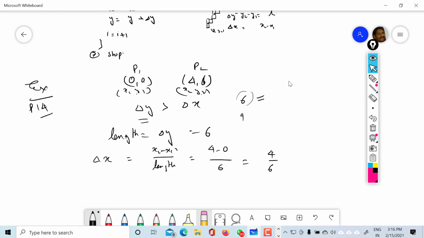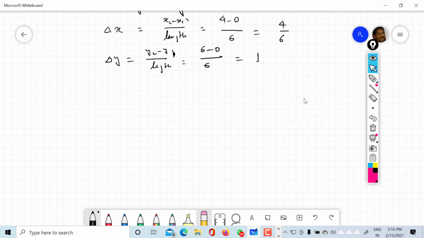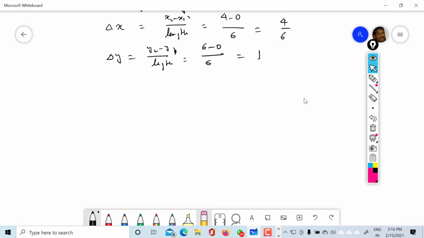Likewise for delta y, y2 minus y1 upon length. Here y2 minus y1 is 6 minus 0, and length is 6, so its value is 1. The value 1 shows that we are going in the right direction. We are taking the y axis as the base and will calculate the value of x accordingly.